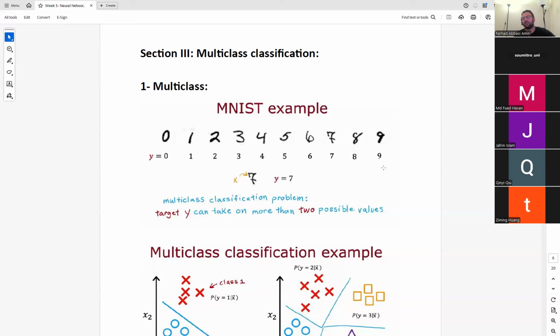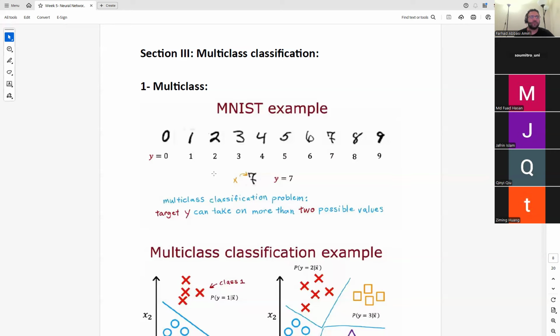For example, if you want to scan a postal code or a barcode, if we have the postal code or zip code on an envelope, you use 10 numbers from 0 up to 9, right? If this is the case, we call it multi-class classification because the output has more than two classes.